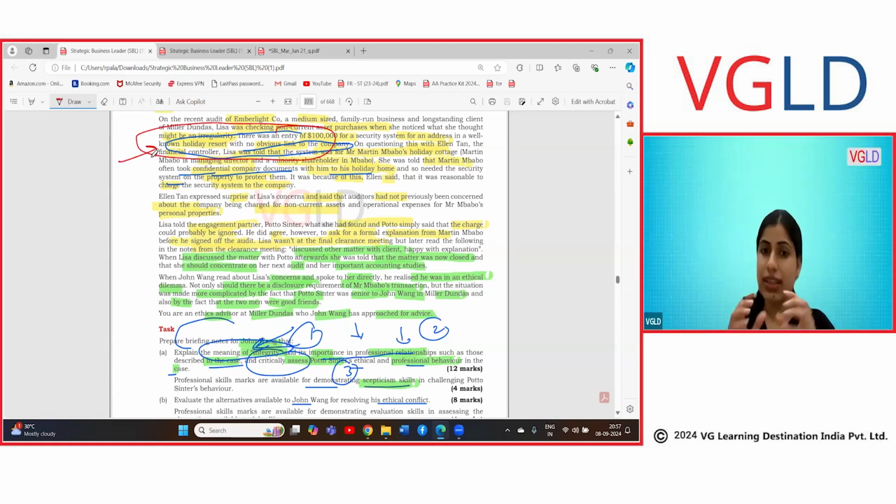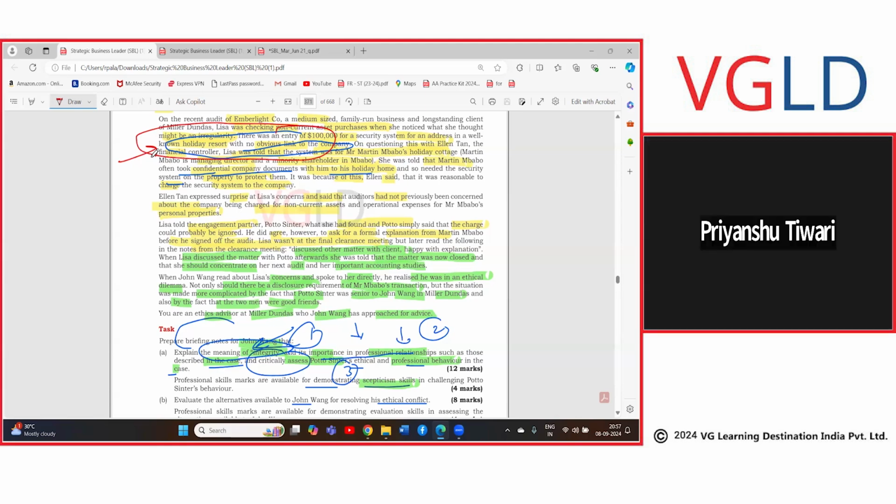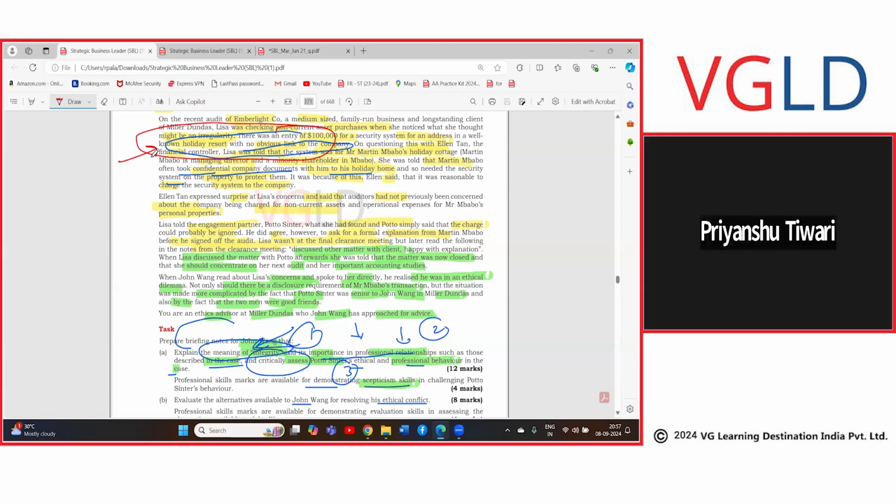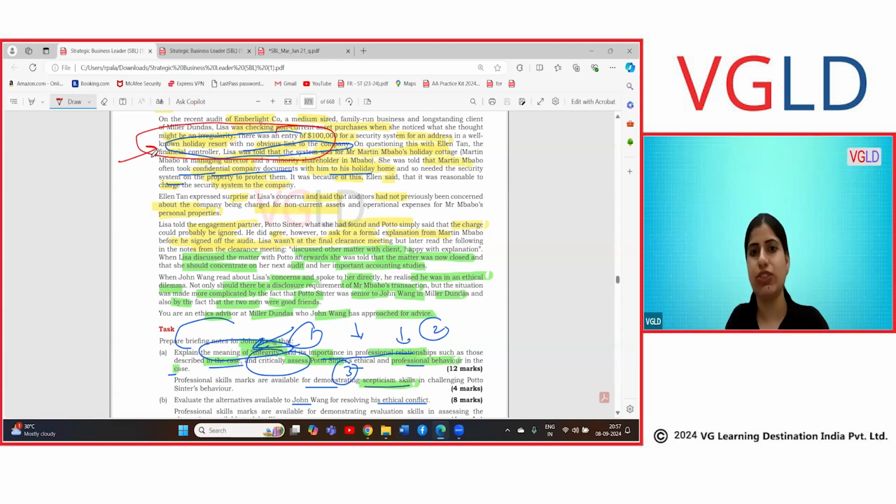And this is the beauty of professional skepticism: whenever you use the professional skepticism skill, you have to challenge whatever is provided to you. You just can't blindly trust. You have to keep your questioning mind open. That's why the question is asking you to use professional skepticism, and that's why you are finding the mistakes in that area.